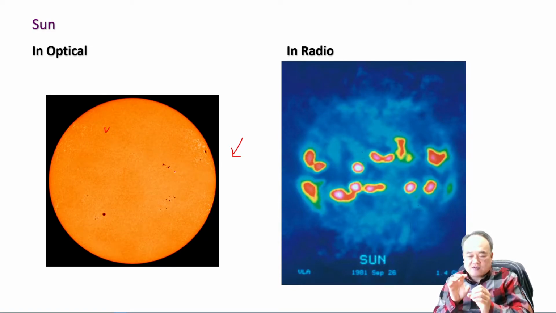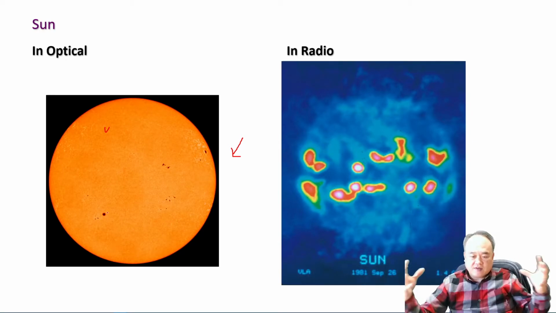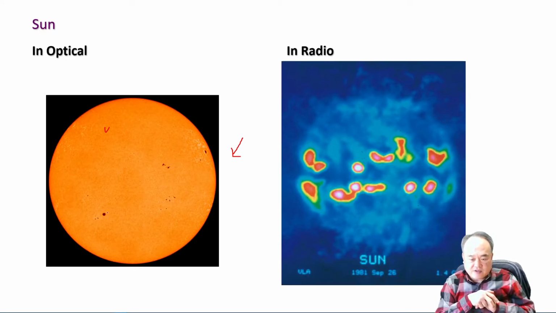So these regions are cooler than the surrounding medium by roughly 2000 degrees, and they appear dark compared to the brighter, hotter surrounding regions.